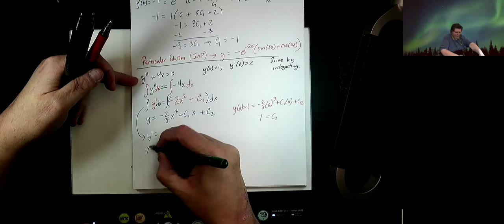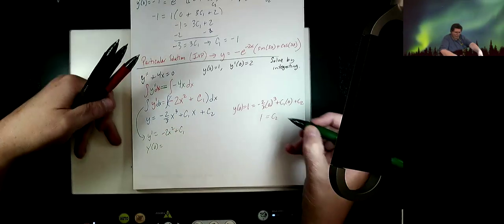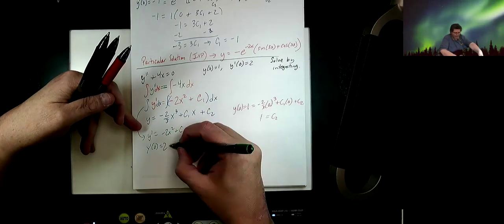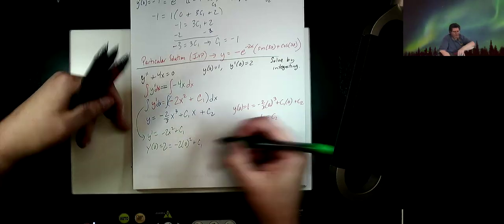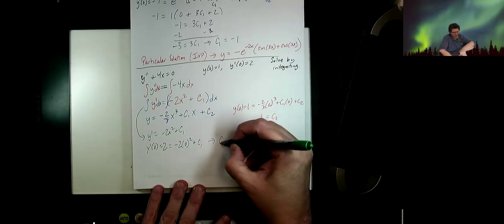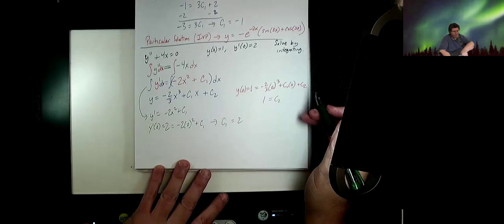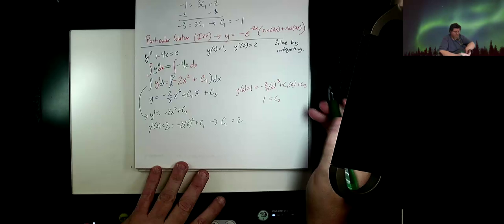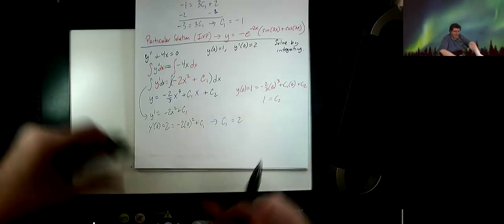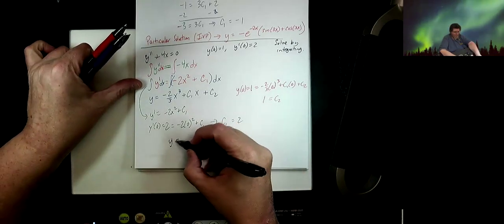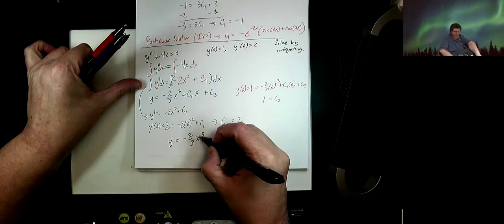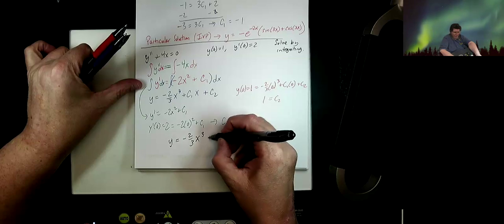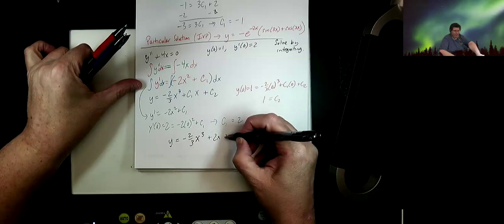We're going to do y prime(0) equals 2. That's negative 2 times 0 squared plus C1. So C1 equals 2. And our particular solution is negative 2/3 x cubed plus 2x plus 1.